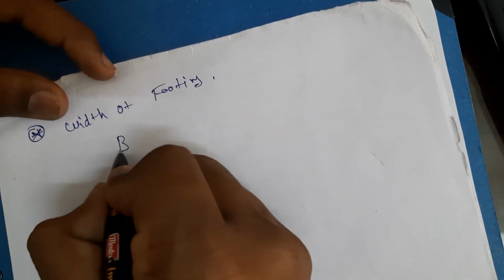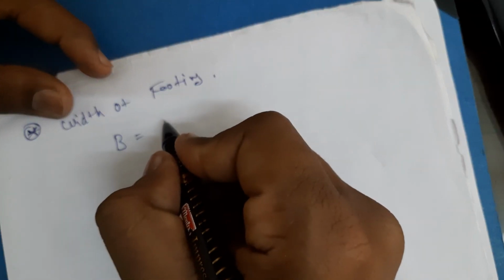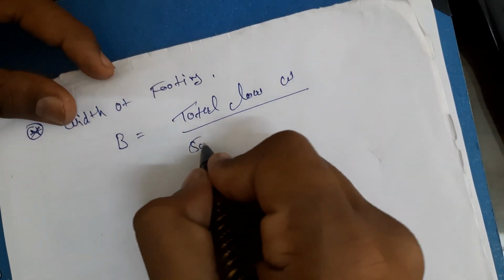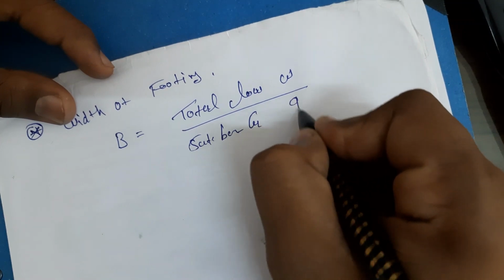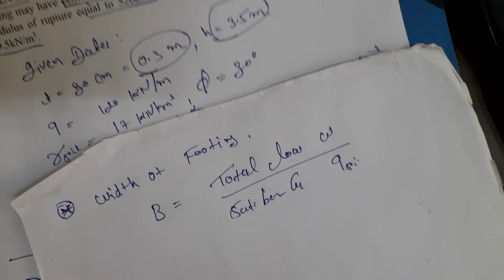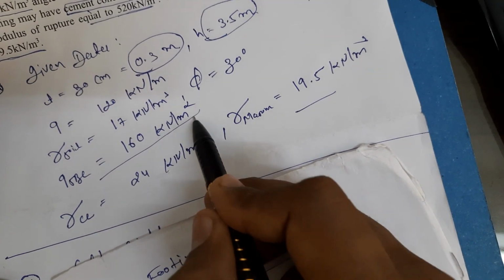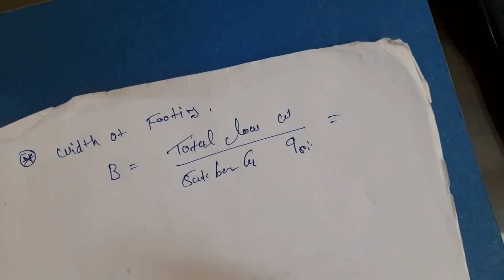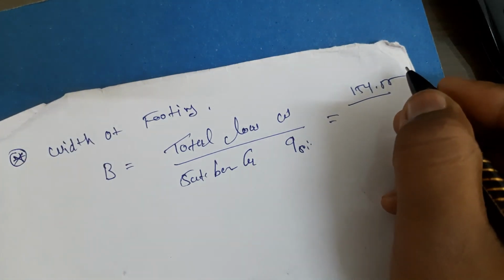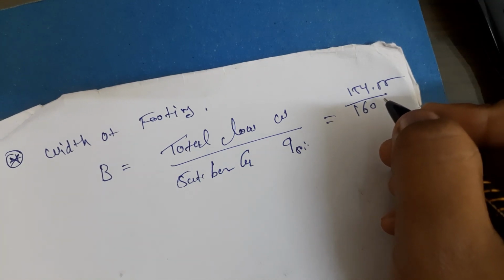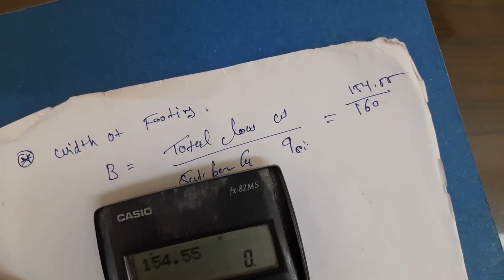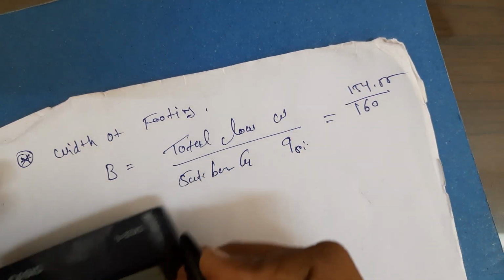There is an equation we discussed in a lecture: width equals the total load W divided by the safe bearing capacity of the soil, q. The SBC of the soil is given as 160, and we found the total weight in the previous step, 154.55. So 154.55 divided by 160 is equal to 0.96.